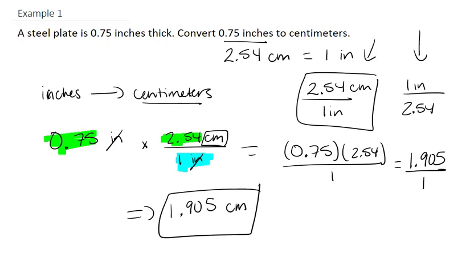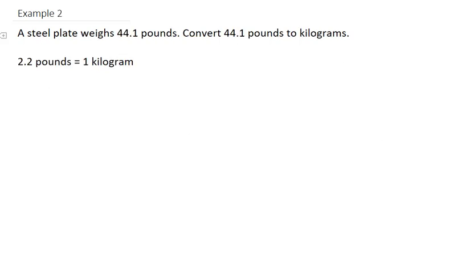Let's do another example. Example 2, a steel plate weighs 44.1 pounds. Convert 44.1 pounds to kilograms. So we're going to use this conversion factor here because we're going from pounds to kilograms.